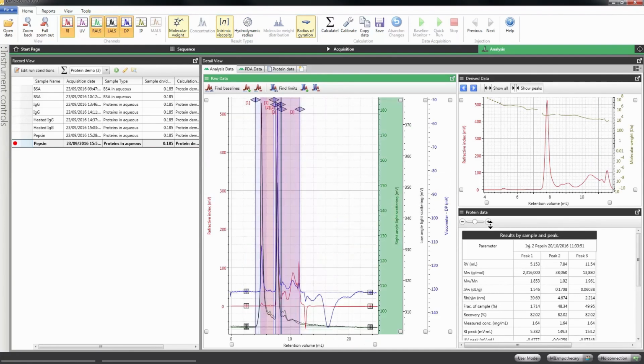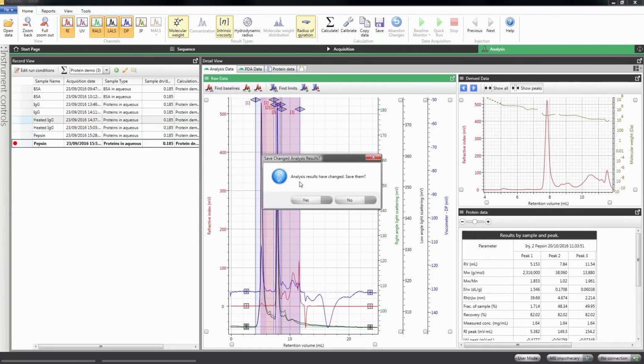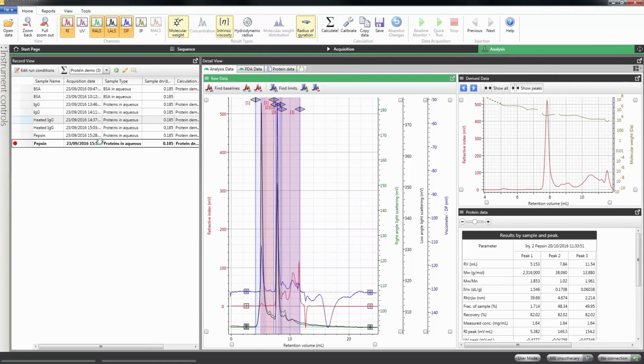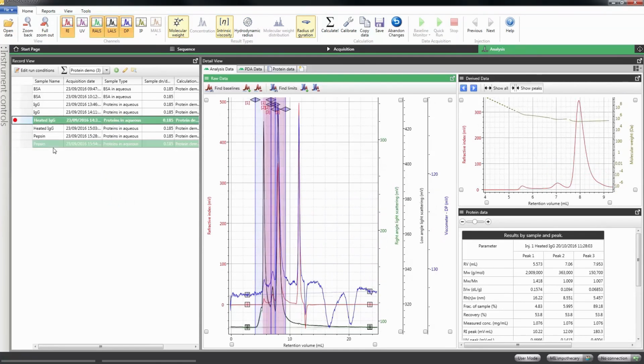And there we go. Again, monomer, degradation products, and the aggregates. So what I want to do now is overlay those samples briefly and compare the intrinsic viscosity signals for them.